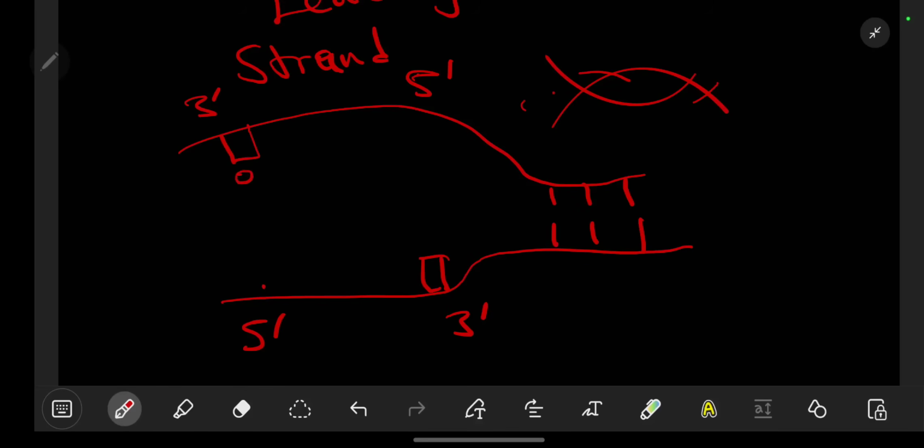This means it always begins from the 3' going in this direction. The one that is going in the direction where the DNA is being opened is what we call the leading strand. Then this one, since this is 3', will be going in the other direction. Due to the fact that it is going in the other direction, let's say the primer was put here, let's say the 3' is here for the sake of explanation.